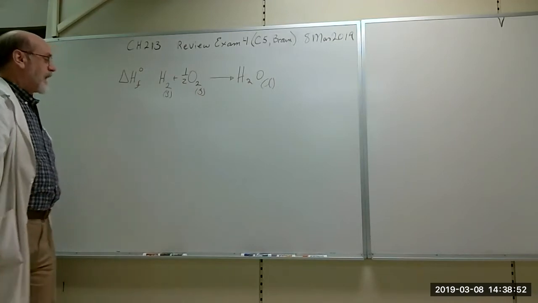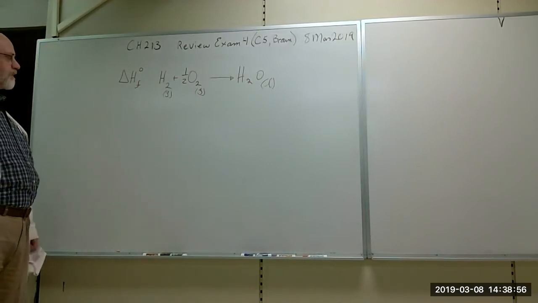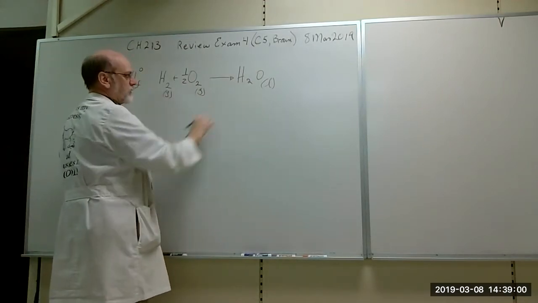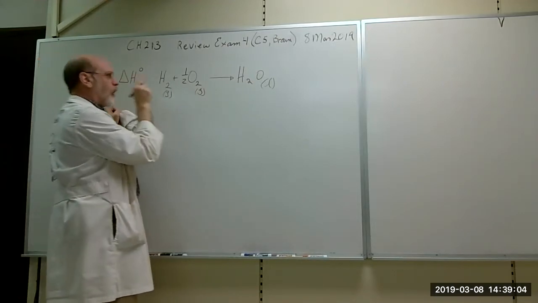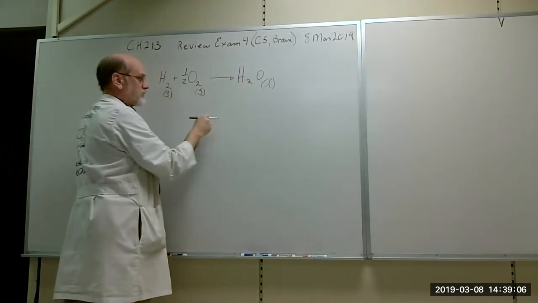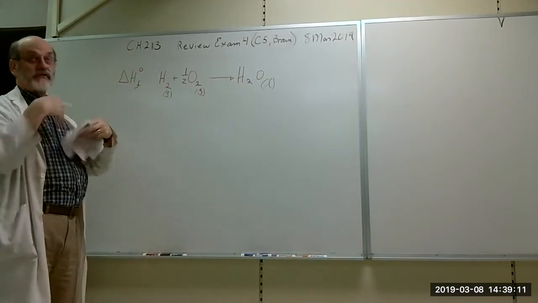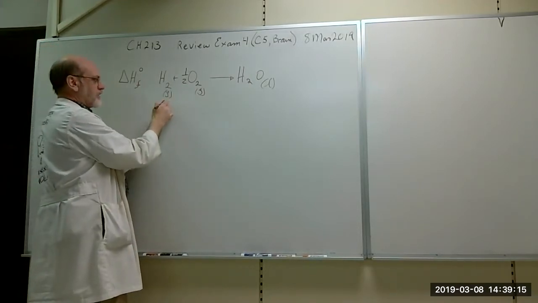Now, what can we do with that? Well, since it's written that way, this heat of formation is associated only with that side of the equation. It's assumed actually that the heats of formation of elements are 0.